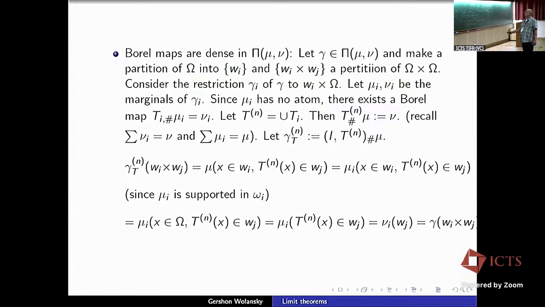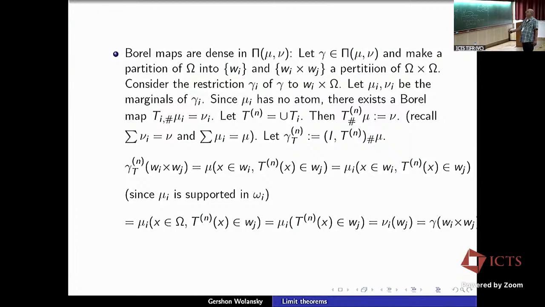This is not the marginal; actually we define mu i to be the push forward in this way, the marginal of gamma defined on the set Wi times omega. So we have this equality.